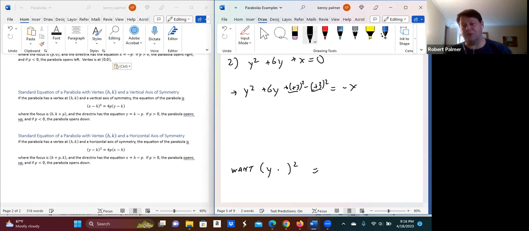And so that's also what goes right here, plus 3. Then I have y squared plus 6y, then plus 9 minus 9 is equal to negative x.